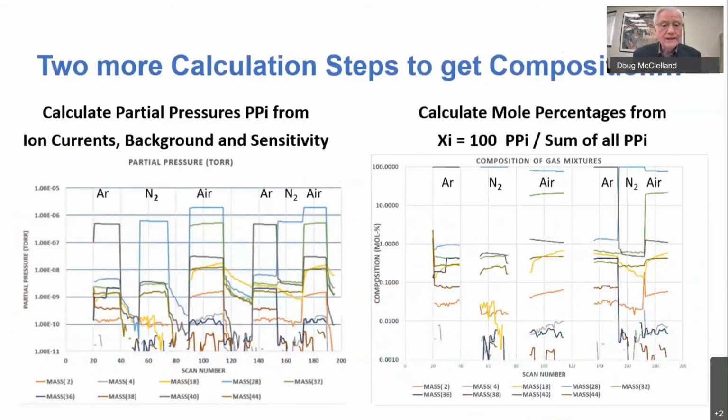We take that raw data and we process it by hand. In this case, we don't have a friendly computer like we have in our CIS system. Basically, we take the raw ion current, subtract the background from it to get the net composition of the gas that was introduced, and divide by the sensitivity to get partial pressures.